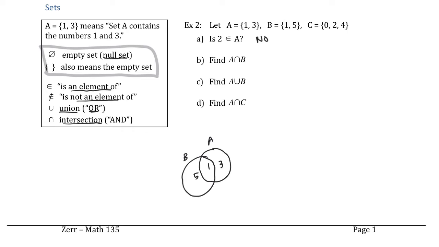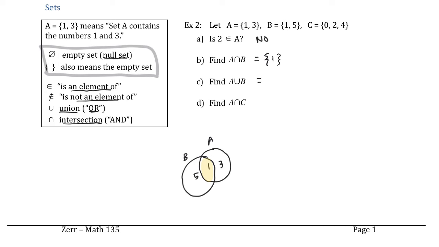This intersection is what's contained in both at the same time. So that would be just one element, the number 1.